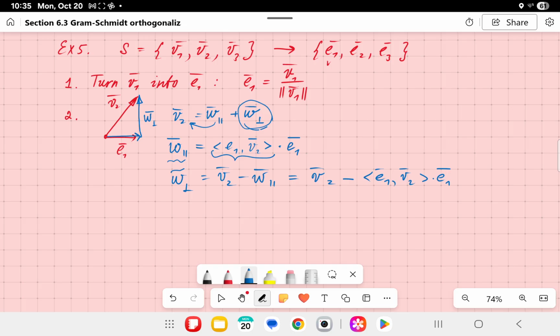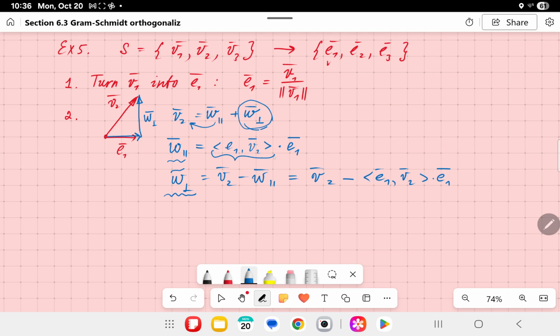The question is, how do I know that this is actually going to be orthogonal to e1?